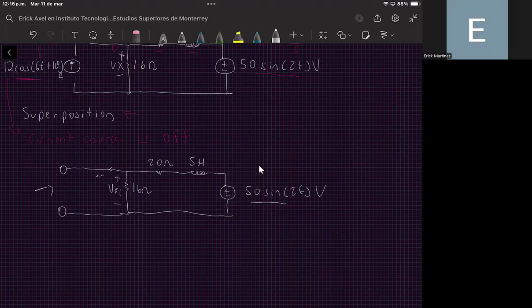Now, since only this voltage source is on, we can compute the impedances of all of the elements.